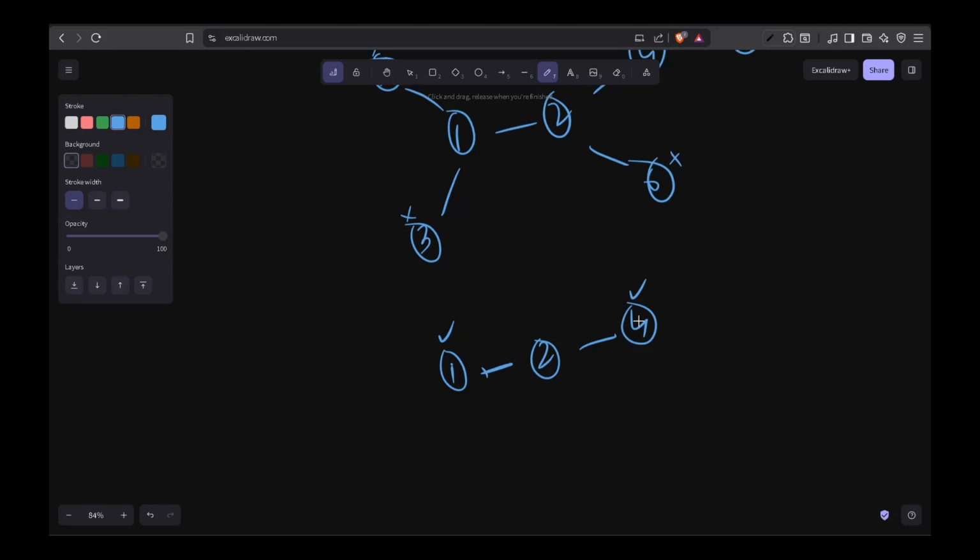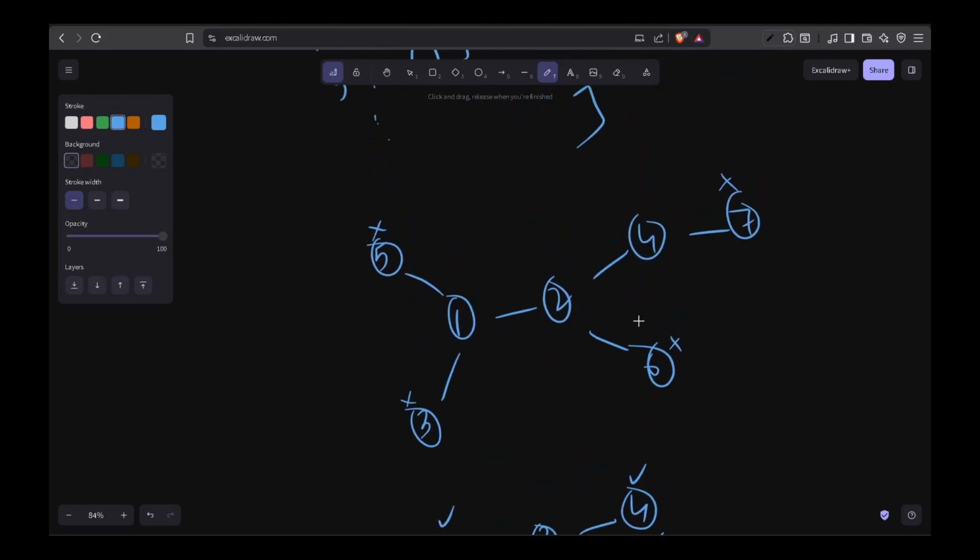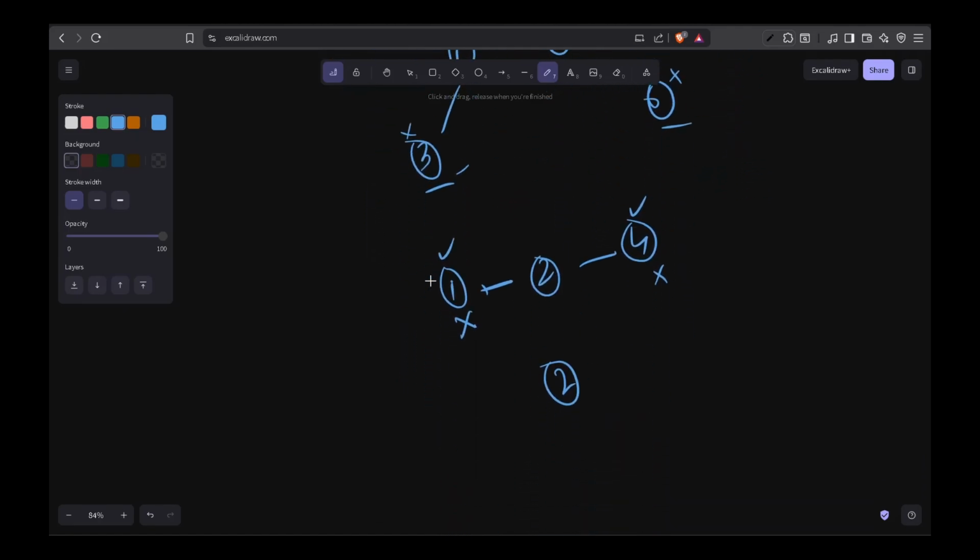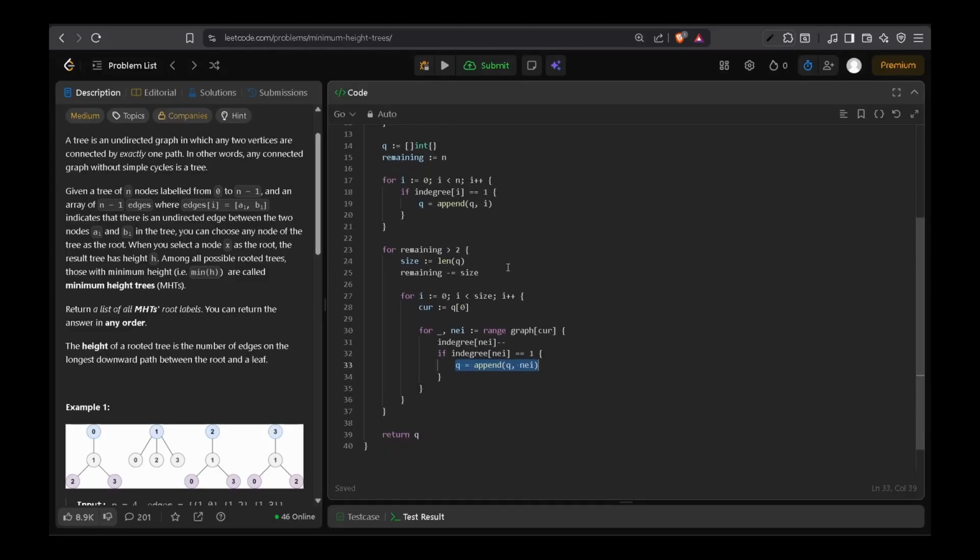So the next time we'll have to process these ones and we're finally left with 2, right? So the queue array initially had these numbers 5, 3, 6, and 7. We processed those and added 4 and 1 to the queue. And after processing 1 and 4 as well, we added 2 to the queue because there was no connection left, right?